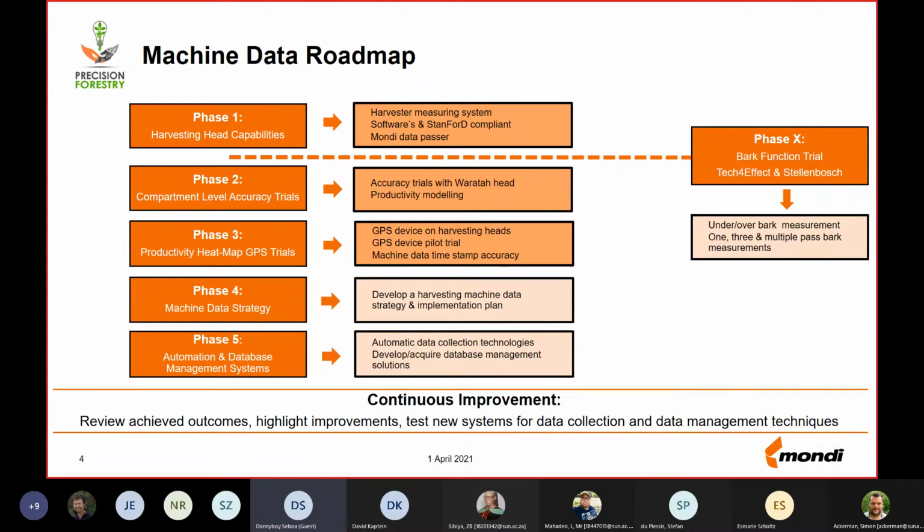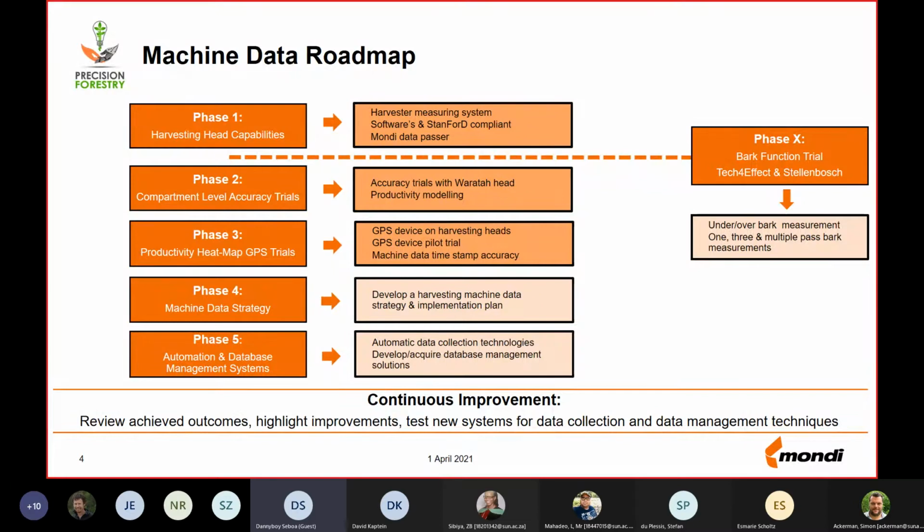Phase 4 will be our machine data strategy, where we want to develop a harvesting machine data strategy and implementation plan. And then phase 5, later on, will be automation and database management systems. And then for phase X, this is more a collaborative effort with the Stellenbosch Machine Data Working Group, where we want to clearly understand, are we receiving an under- or over-bark harvesting head measurement?